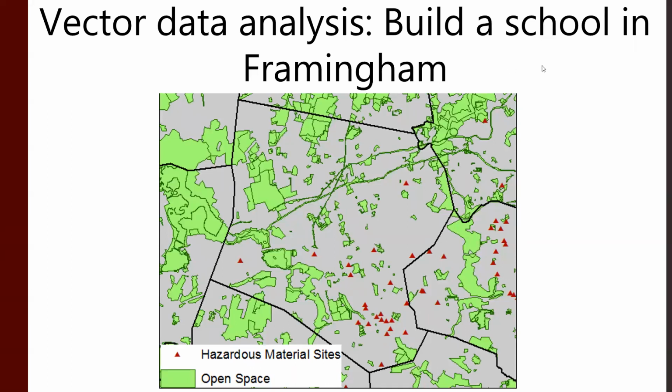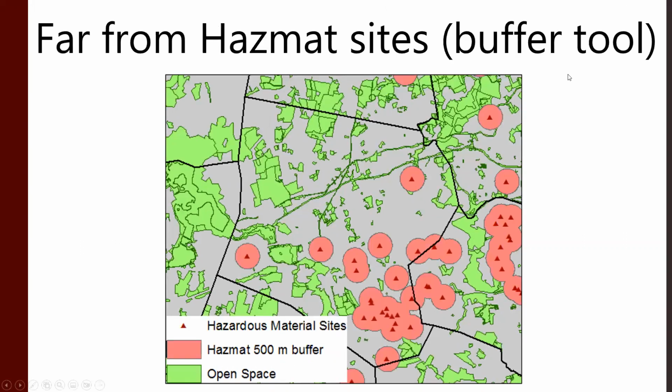If we wanted to build a school in Framingham, but we wanted to make sure that we were not within the open space and not within 500 meters of hazardous material sites, well, with vector data, we can just create that data. We can run a buffer tool and say, hey, measure 500 meters from this site and show me where that is. And there they are.